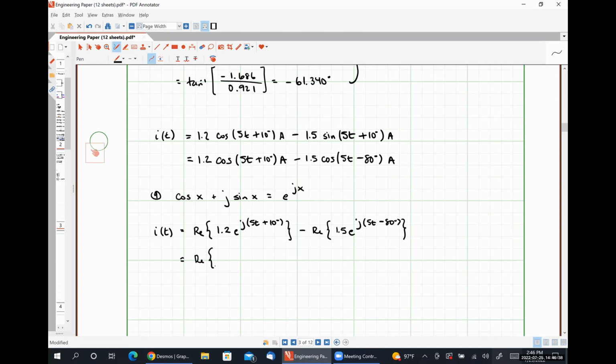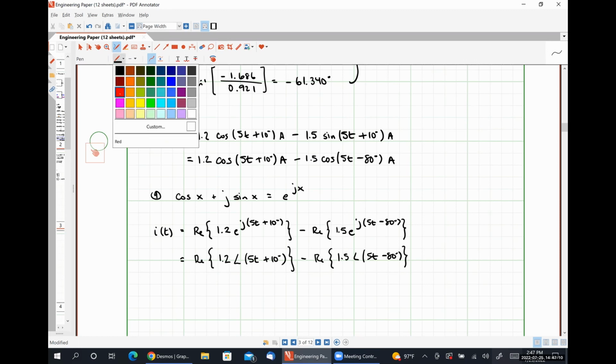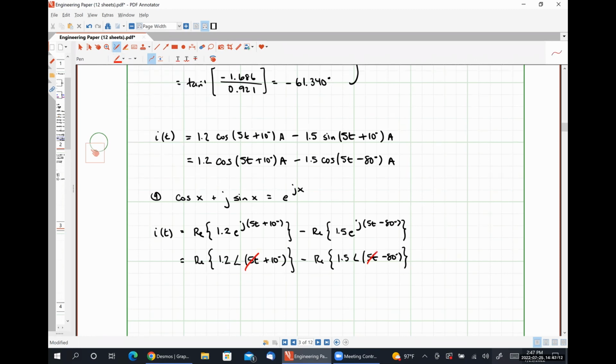So this is the real part of 1.2 angle 5t plus 10 degrees minus the real part of 1.5 angle 5t minus 80 degrees. And as a last step here, which I'm going to explain theoretically in just a moment, I'm going to throw this frequency junk away. And I'm going to lump this stuff together.